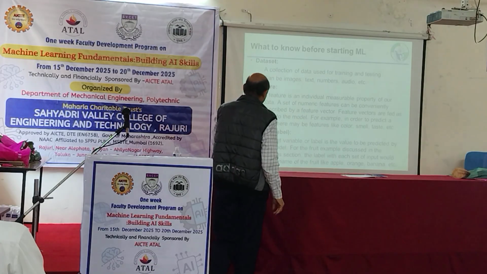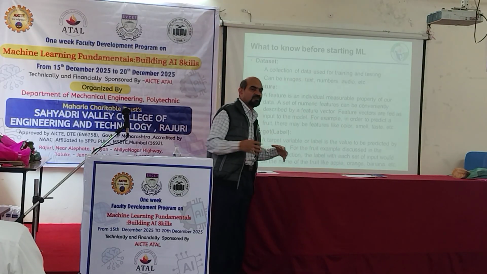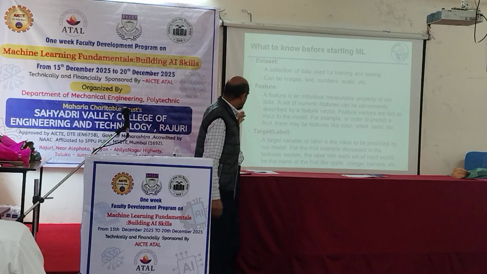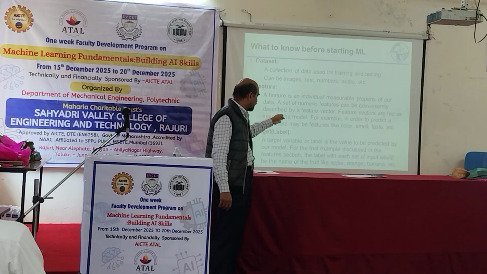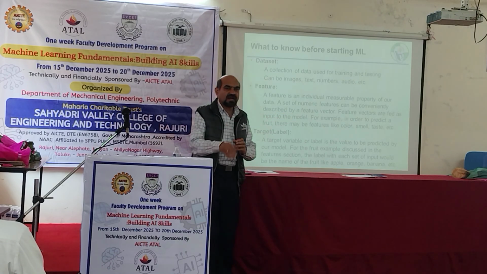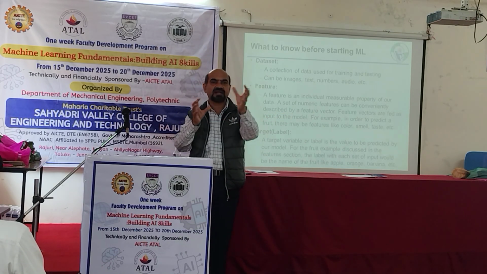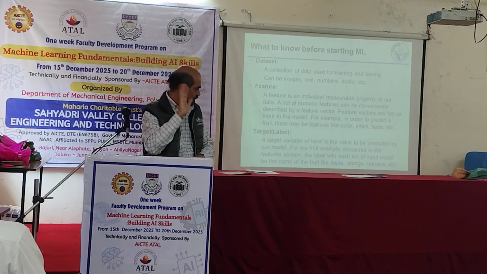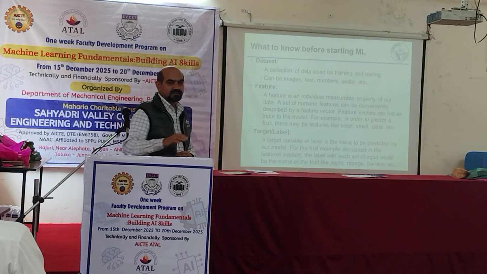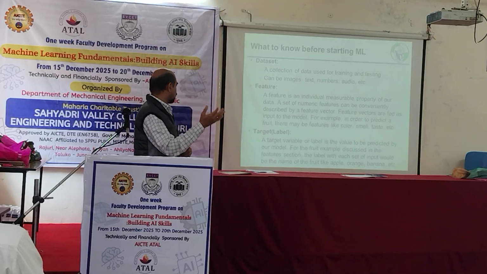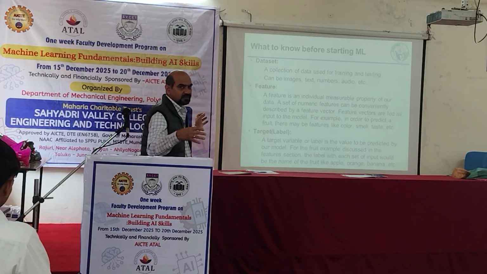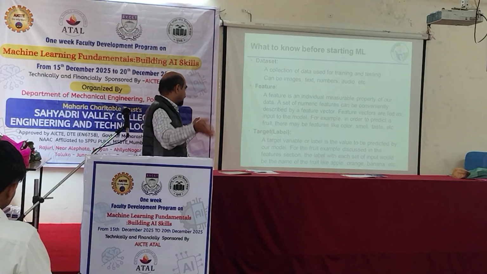For example, in order to predict the fruit, अगर मैंने उसको मल्टीपल फ्रूट्स दे दिए तो मैं उसके फीचर वेरी कलर्स में टेस्ट बेस्ड अपॉन दैट it will segregate the fruit for me. Then target label is nothing but output or prediction, classification, detection.